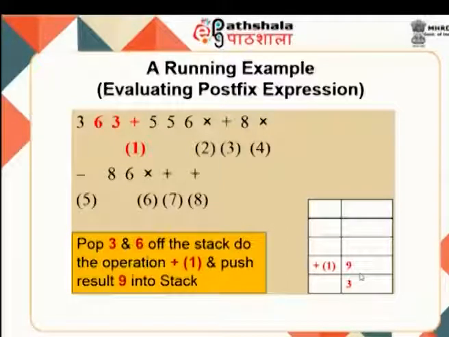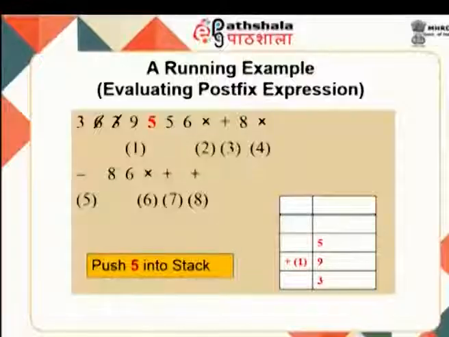So, on looking at an operator, you are doing 2 pop operations and 1 push operation. 2 pop operations because it is a binary operator, you pop out the top 2 elements from the stack, do the operation and do a push operation. So, every binary operator you see, you do 2 pops and 1 push.